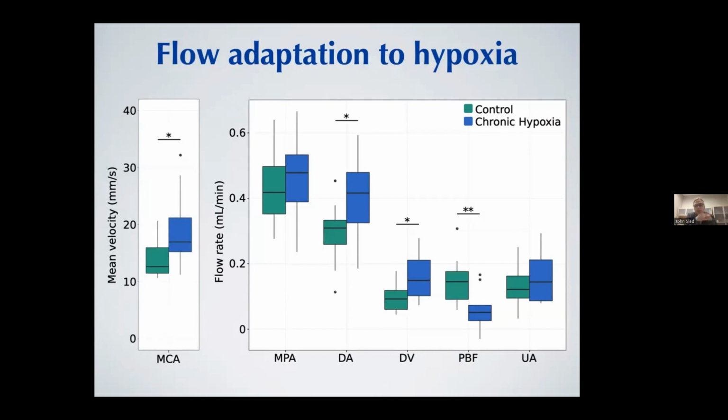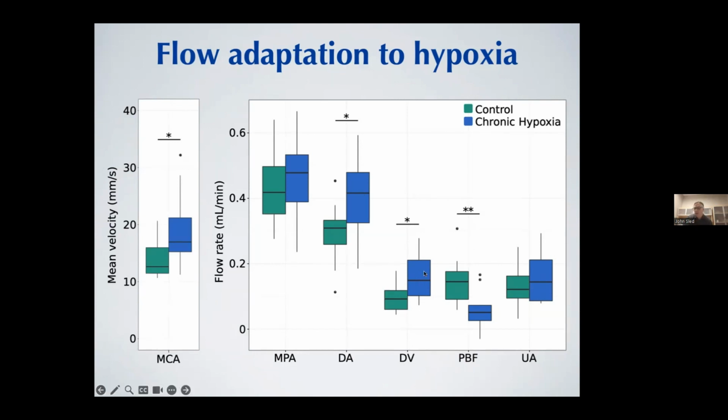And so here's some of that data all consolidated in terms of the flows that we're seeing in different blood vessels. We see an elevation of blood velocity in the middle cerebral artery, suggesting this kind of brain-sparing behavior that I described earlier. The ductus arteriosus is also elevated, suggesting that the fetal lung is being bypassed.